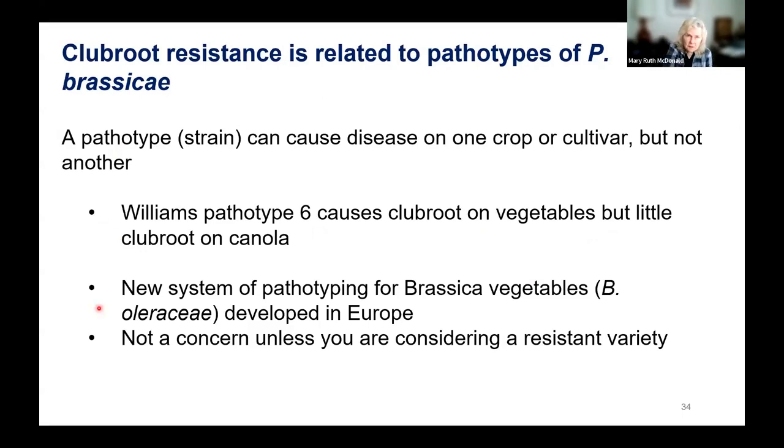Of course, just to make things more complicated, plant breeders in Europe have come out with a different system to pathotype clubroot on Brassica vegetables, different from the original Williams system from the University of Wisconsin. But the pathotype that might exist in your field isn't really a concern unless you're growing a resistant variety and plan on growing it consistently in a single field.